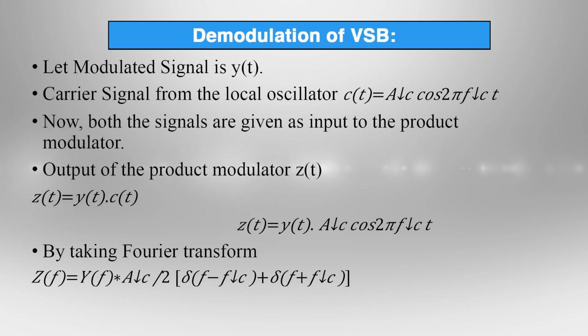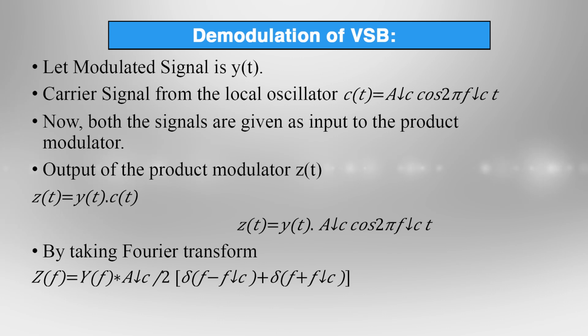Now, let the modulated signal be represented by y(t), the VSB modulated signal, and the carrier signal from the local oscillator be c(t), which is equal to Ac cos 2πfct.